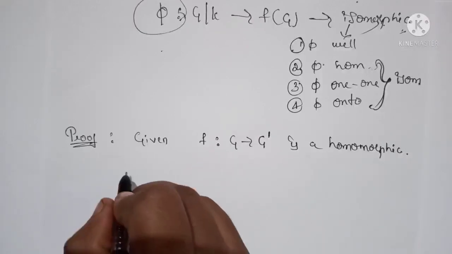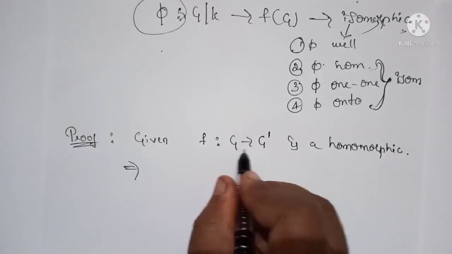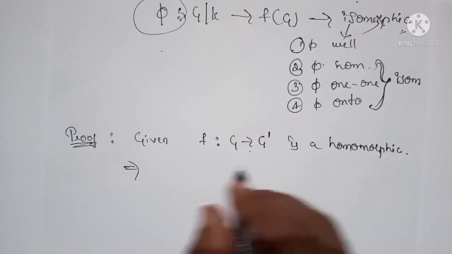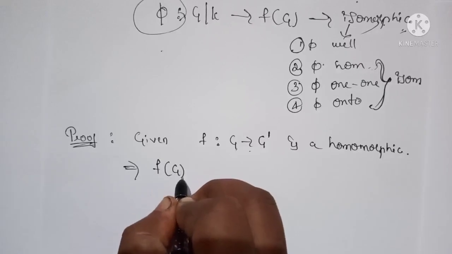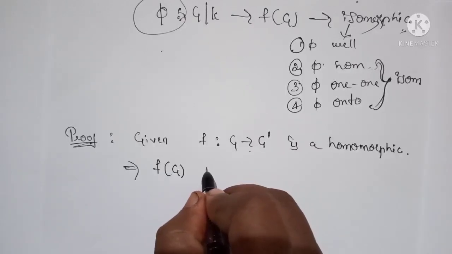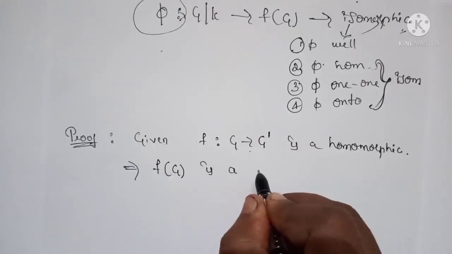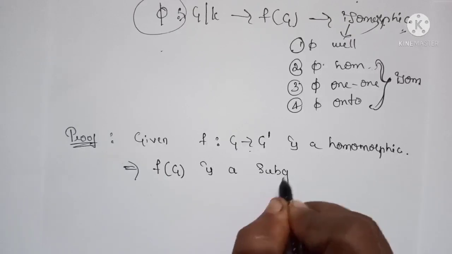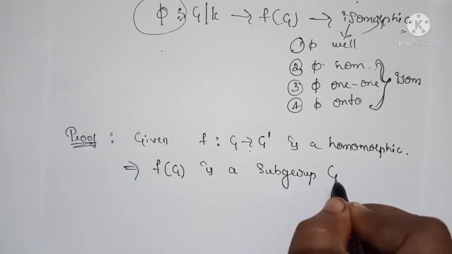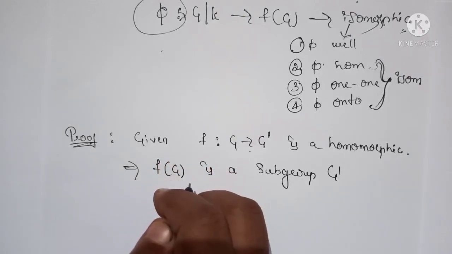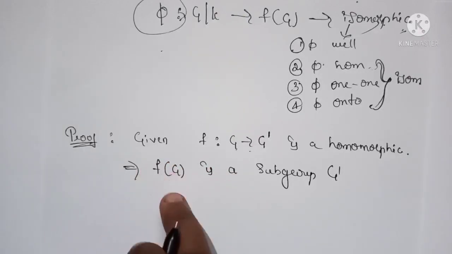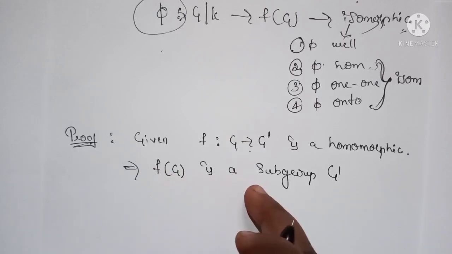So it implies that, since we have G to G' is a homomorphism, we can say that the set of images, that is f(G), is a subgroup of G'. Obviously, we have proved a theorem on the properties of homomorphism: f(G) is a subgroup and also normal.